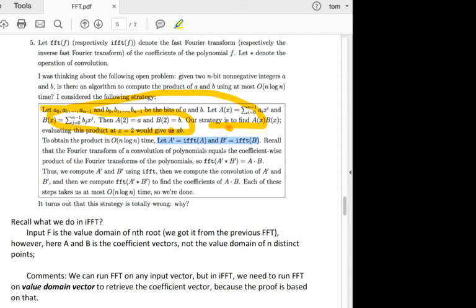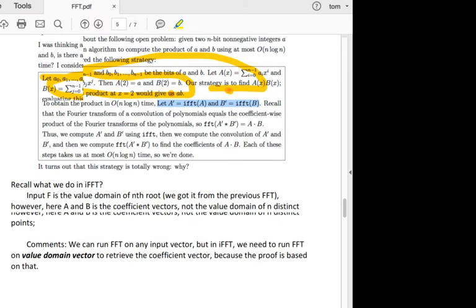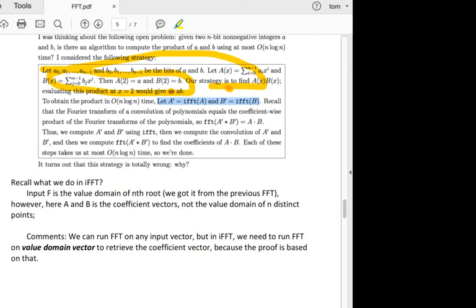And another question is about the valid domain vector. Let me write something.